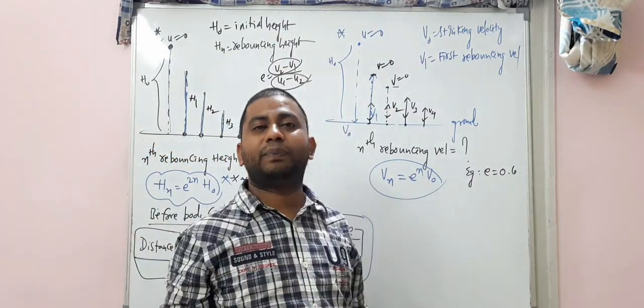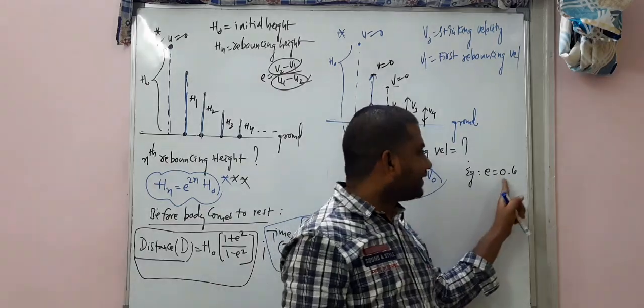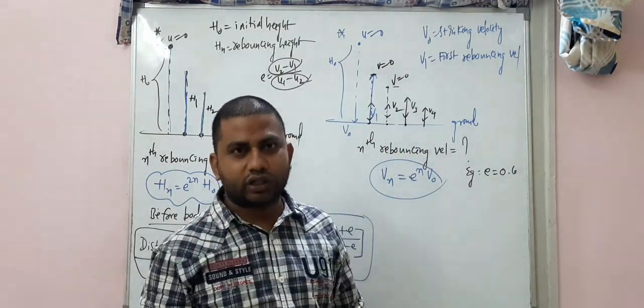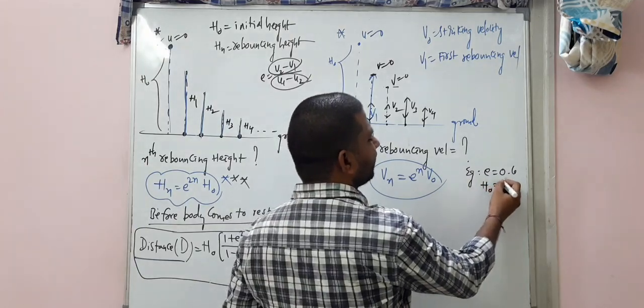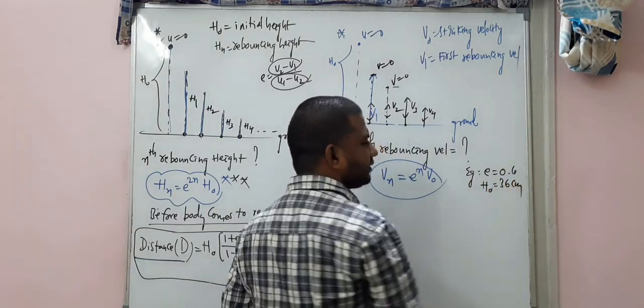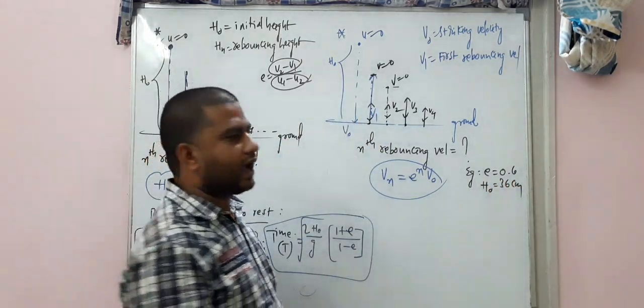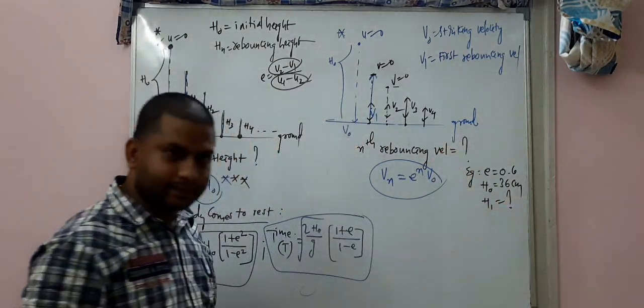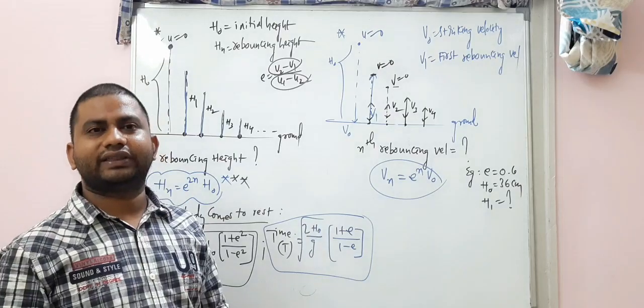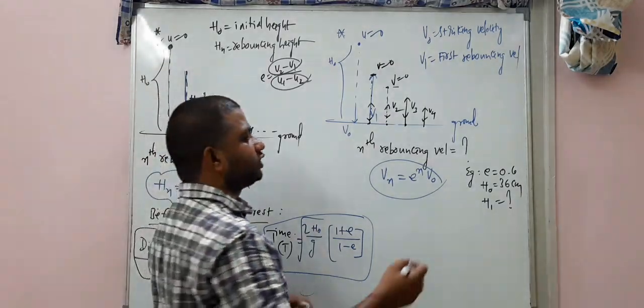It doesn't have any particular unit. So e is given as 0.6, right? And h naught is given as 36 centimeters. Look carefully, and find h1. See how simple the formula is. If you know the formula, you can easily solve this problem.